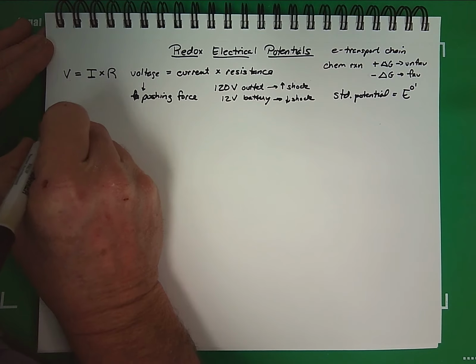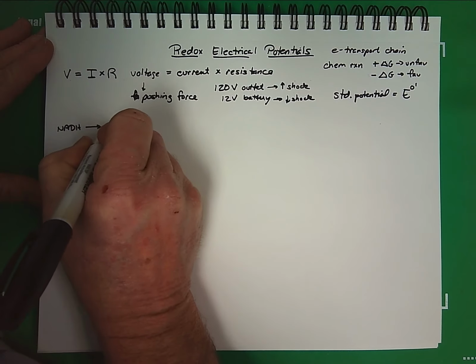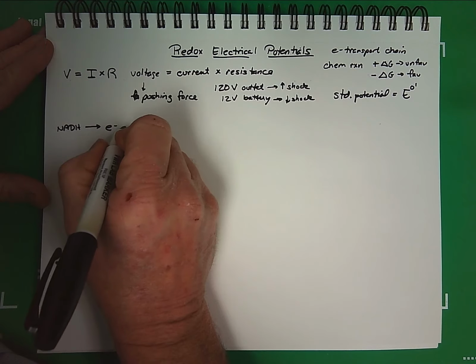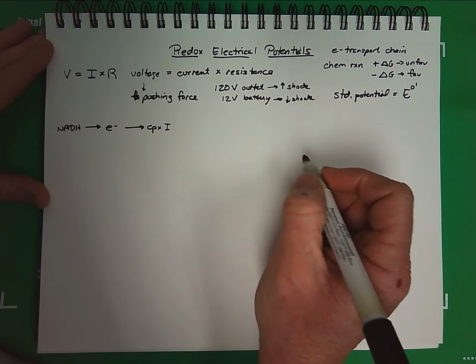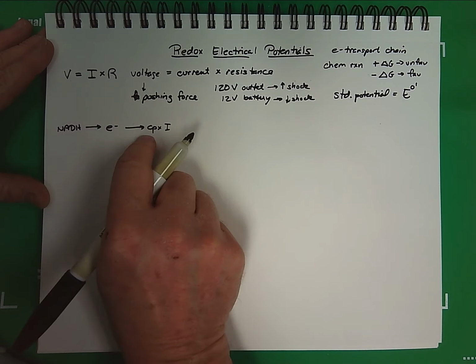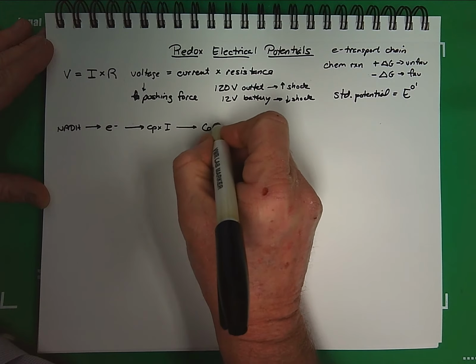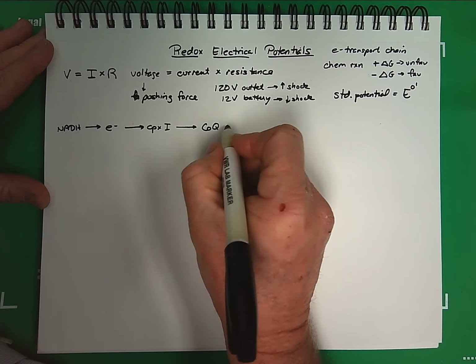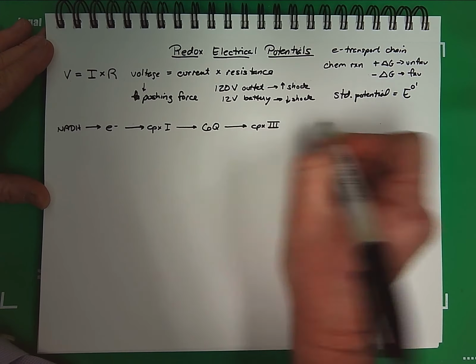So we know that NADH is giving off electrons. These electrons move from complex 1, which is the NADH dehydrogenase. This will move to CoQ. The electrons then from CoQ move to complex 3.